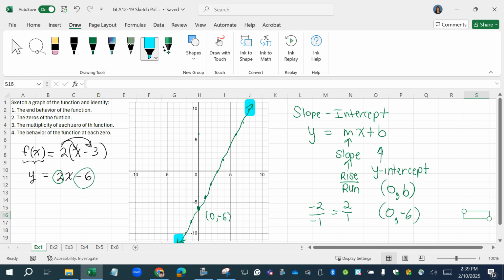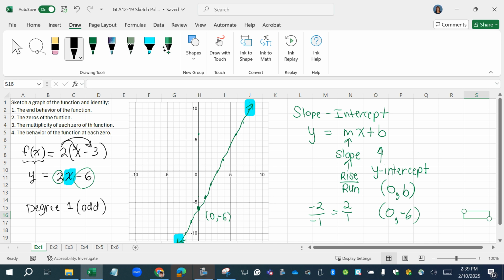We could have known that ahead of time if we had taken note of the fact that x has a power of 1, and that's the highest power on x, which makes this a degree 1 polynomial. And since that is odd, we should expect the ends to be opposite. If it had been an even degree, we would expect the ends to be pointed either both up or both down. But because it's odd, they're opposite.